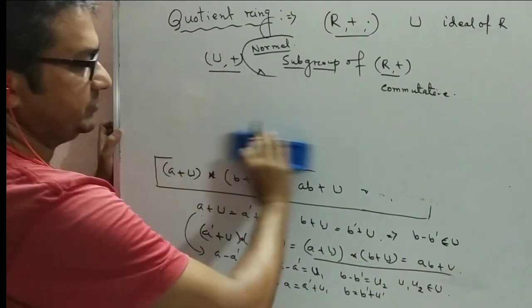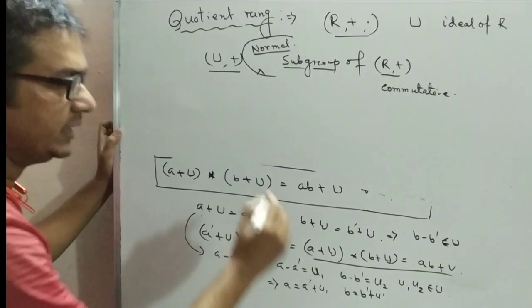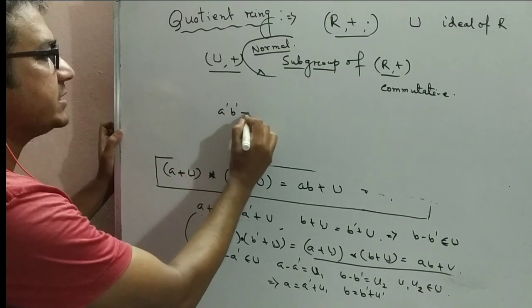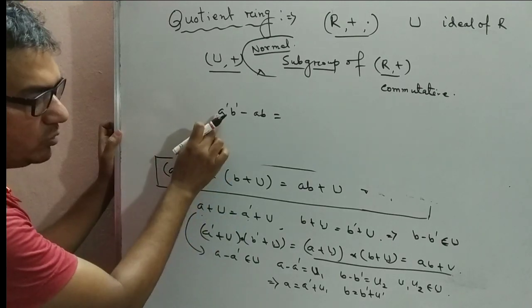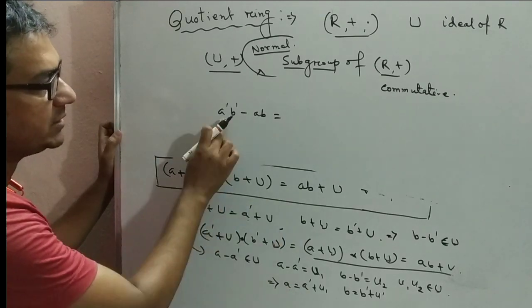Then we have A dash B dash minus AB equal to. Here we put the value of A dash and B dash.